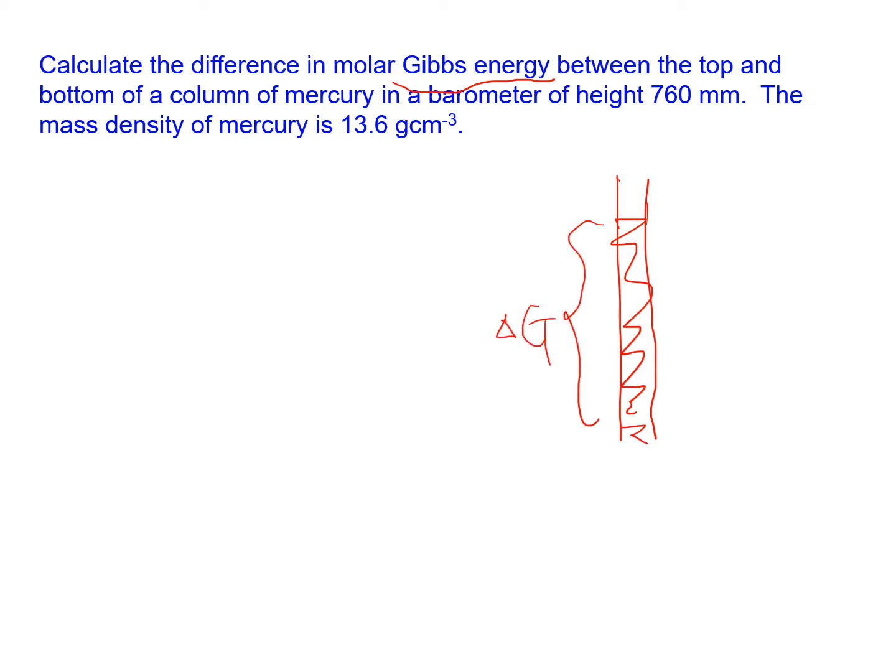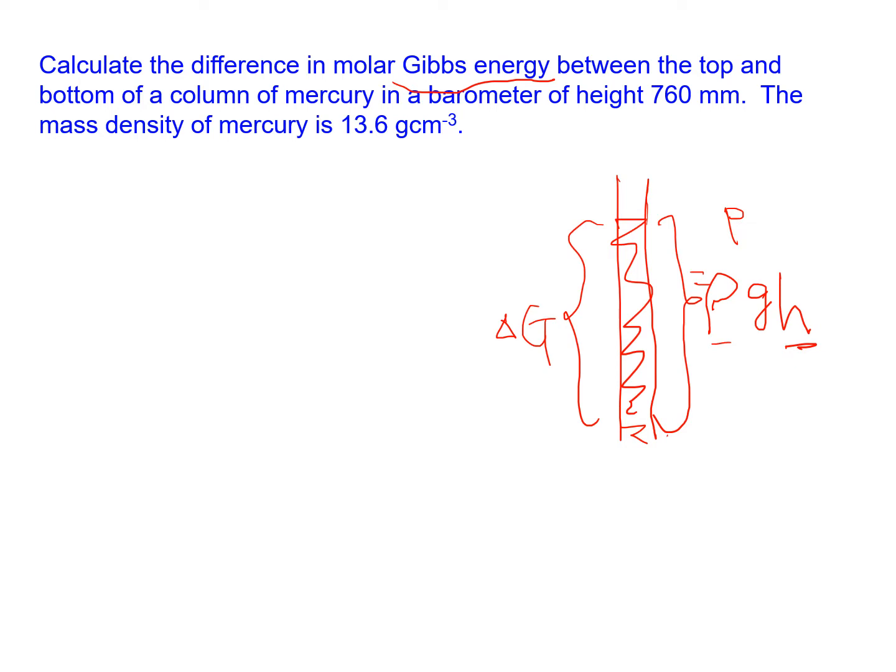And this difference of Gibbs energy is due to the pressure difference, because as we learned in physics, a column of liquid will have a pressure of rho g h. h is the height, rho is the density. That's the pressure of this liquid, the difference between the top and the bottom.